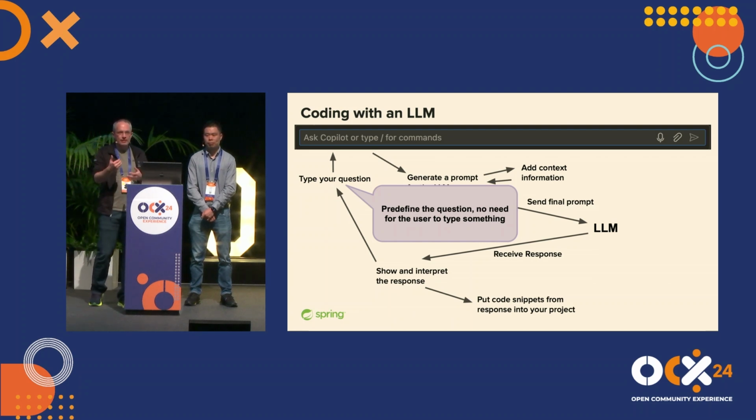So instead of giving you the freedom of, hey, go and ask anything, we say, these are probably questions or tasks or development tasks that people might want to do. Here's the predefined action for you, and behind the scenes, it is talking to the LLM. It is basically preparing the full question for you, so there's no need for the user to type something in because we prepared everything. Right?